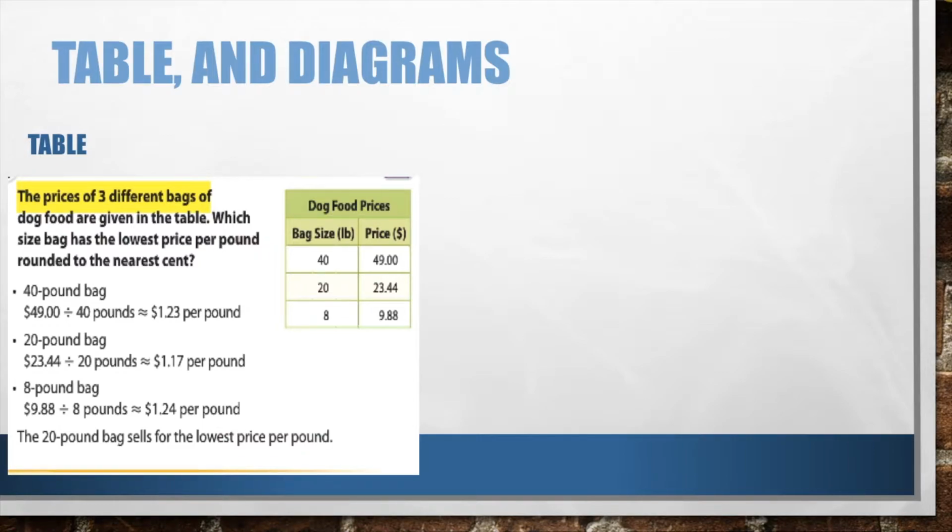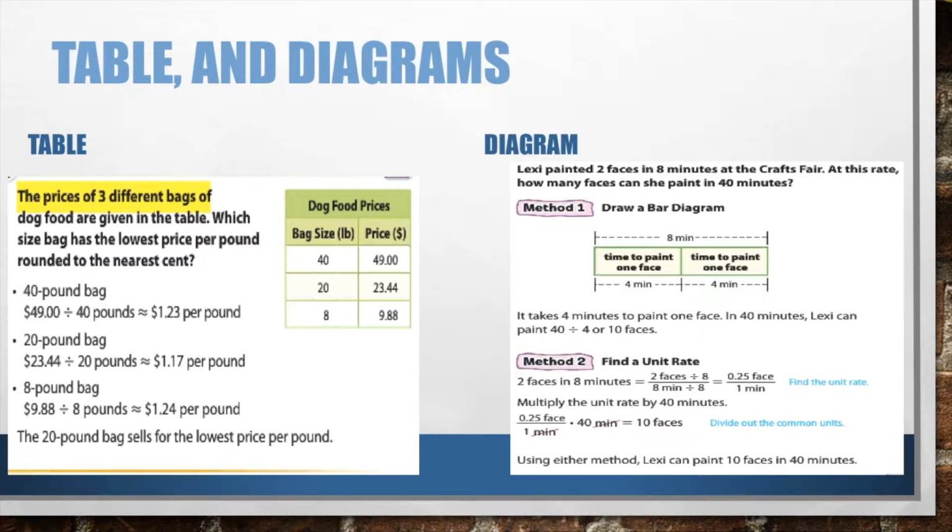When they do that, the first one gets us $1.23 per pound. The second one gives us $1.17 per pound, and the last one gives us $1.24 per pound. So the lowest price one would be the middle bag. The middle bag is your best rate because you're paying less for each pound of dog food you're getting.